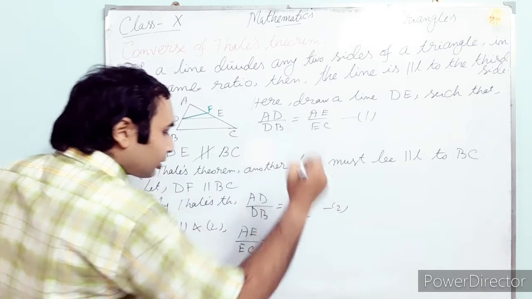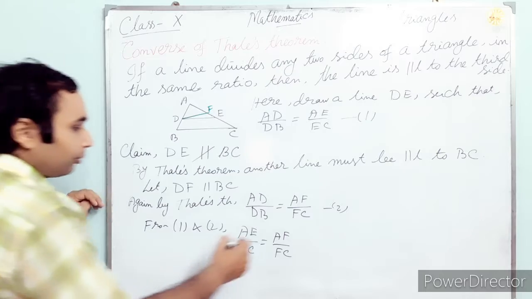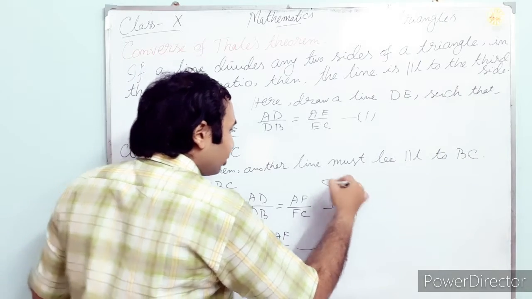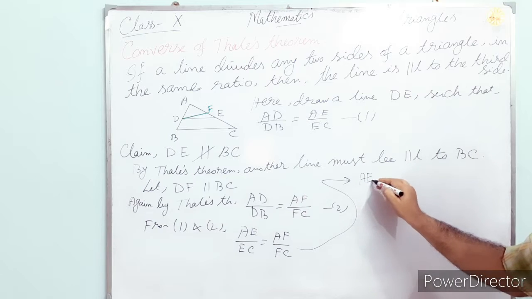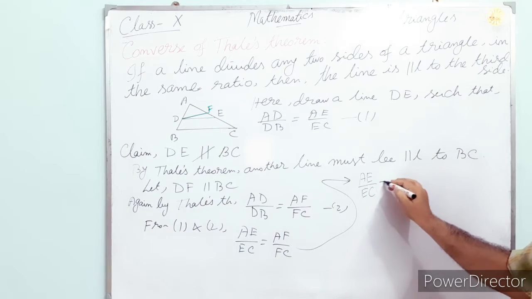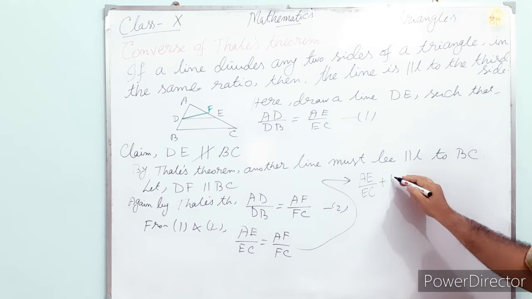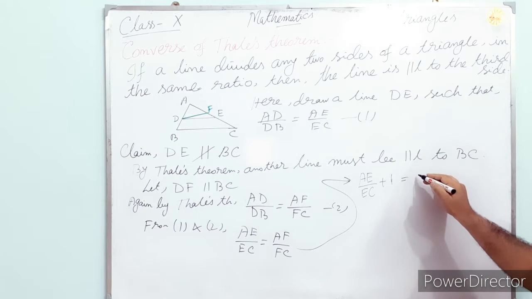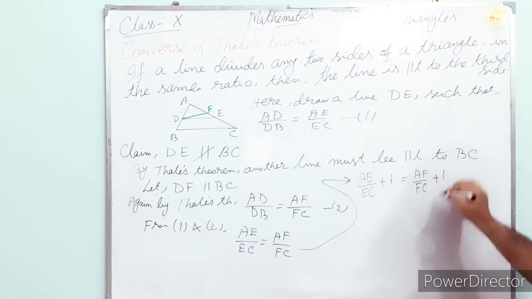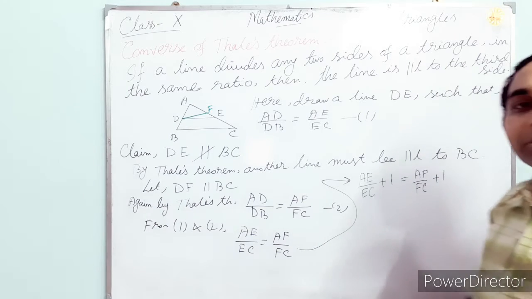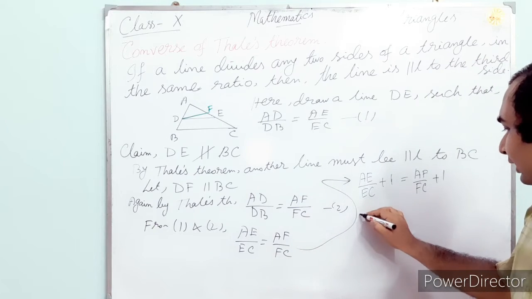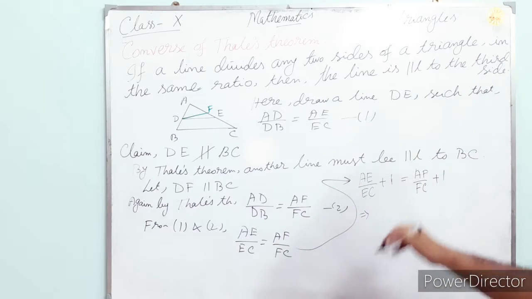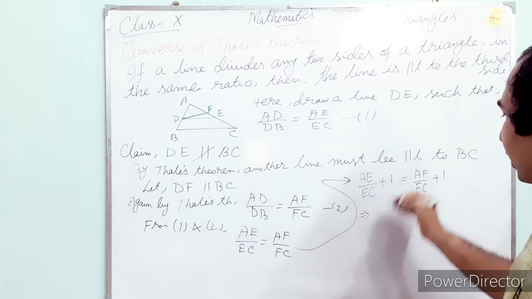Now let us do a very important trick here. Let us take plus 1 at both the sides: AE by EC plus 1 is equals to AF by FC plus 1. Why am I taking plus 1? Just do the fractional addition.